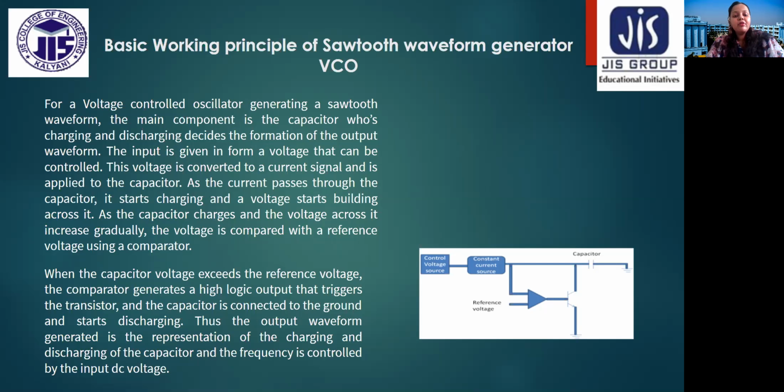When the capacitor voltage exceeds the reference voltage, the comparator generates a high logic output that triggers the transistor, and the capacitor is connected to the ground and starts discharging. Thus, the output waveform is the representation of the charging and discharging of the capacitor, and the frequency is controlled by the input DC voltage.